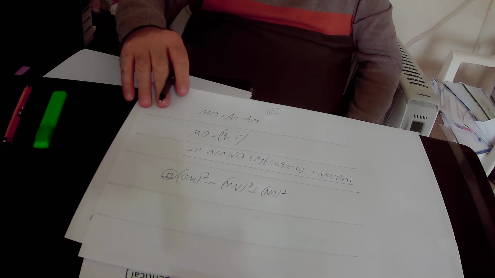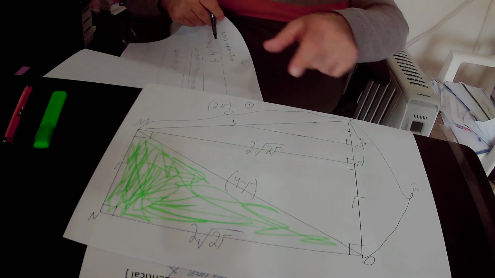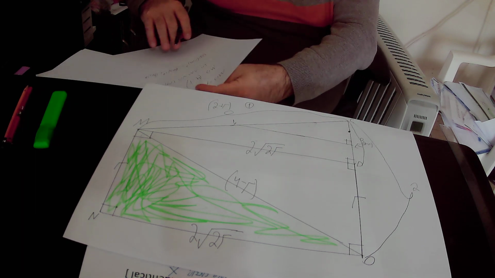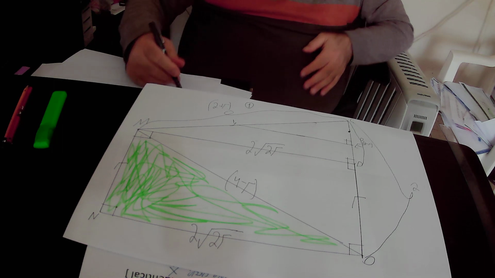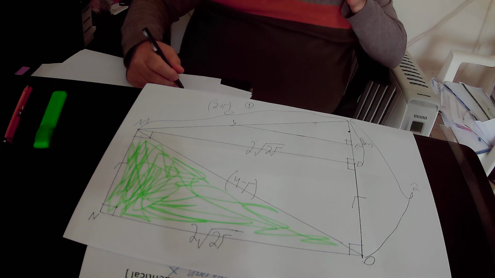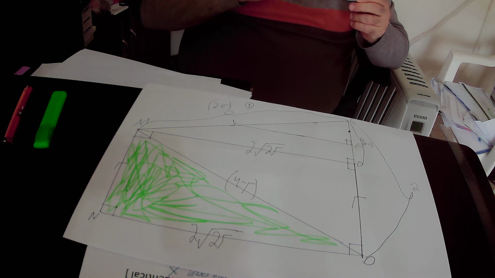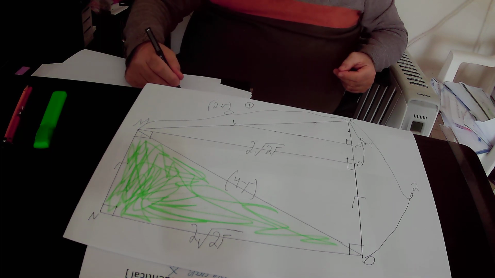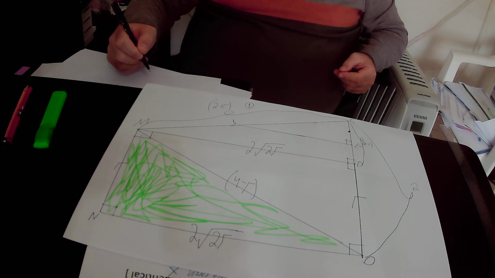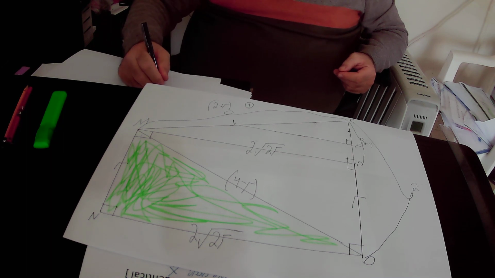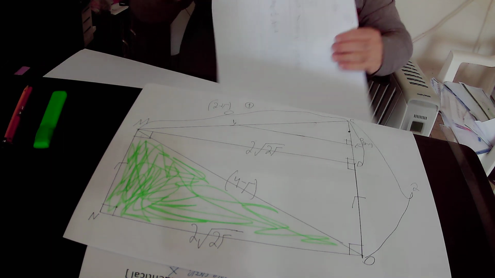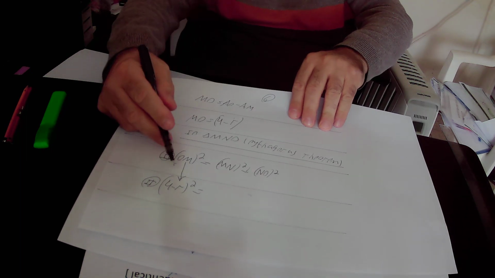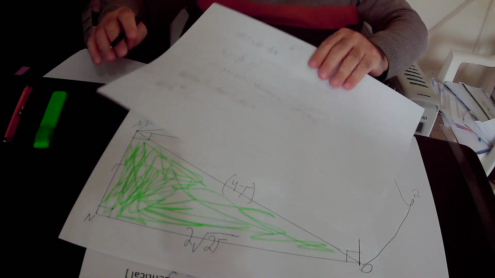We have already found out that MO equals 4 minus R, therefore MO square will be equal to (4 minus R) square. So OM or MO square equals (4 minus R) square.